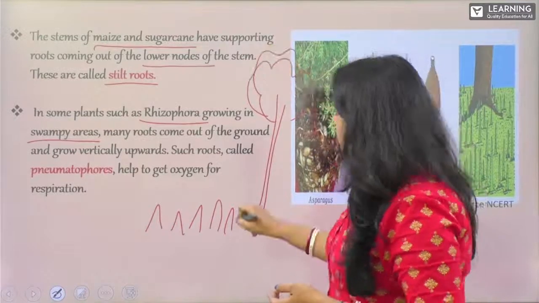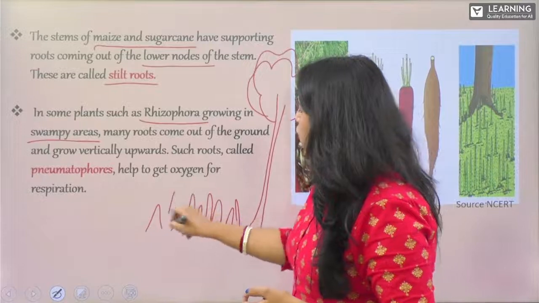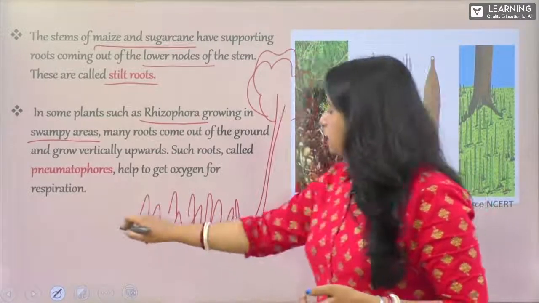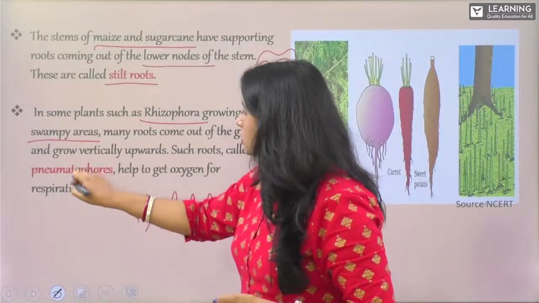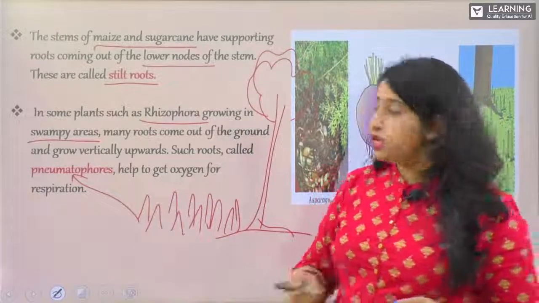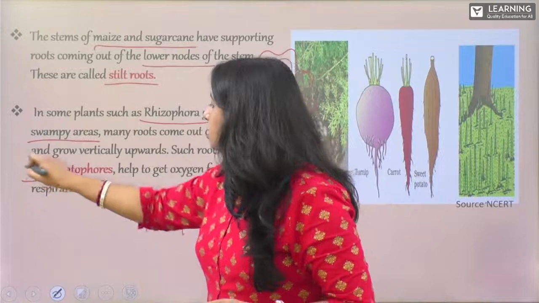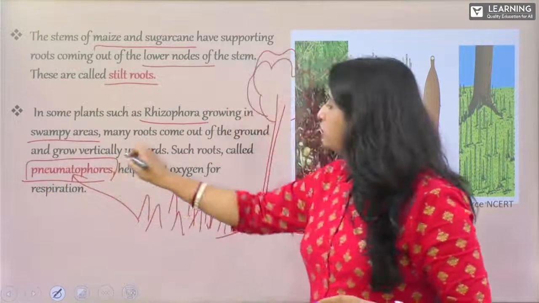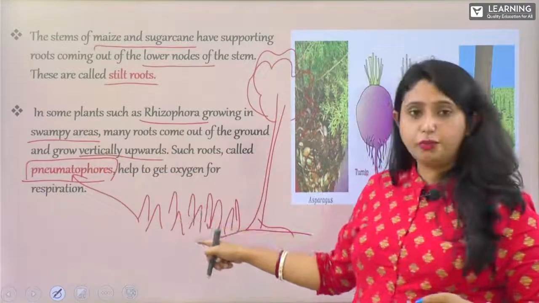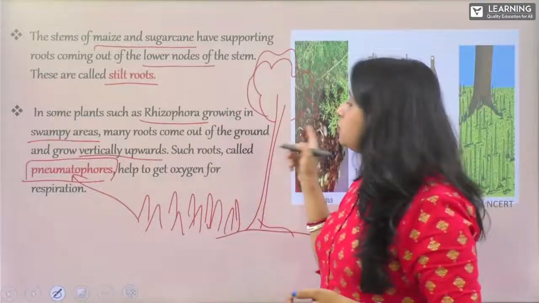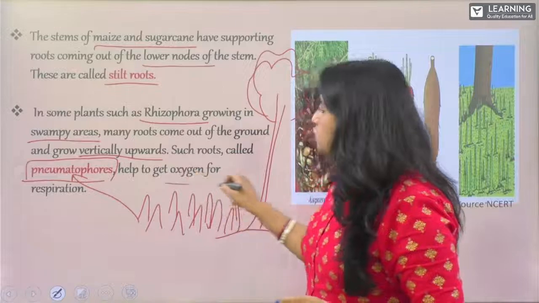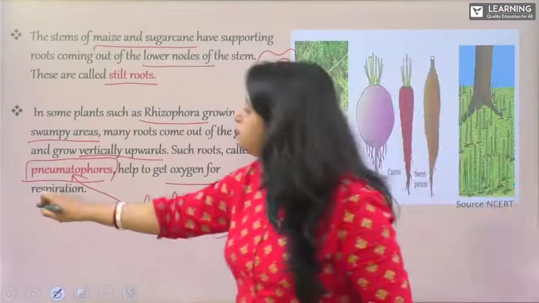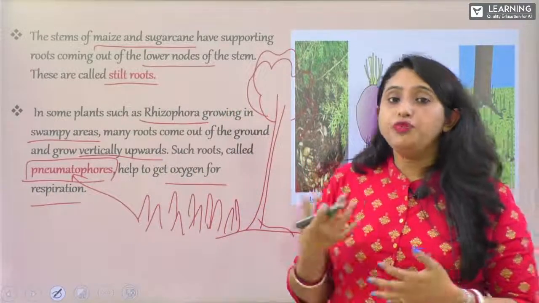Near the plant, there will be some roots coming out vertically upwards. These roots are called your pneumatophores. They grow vertically upwards, as you can see. Such roots are called pneumatophores, and they provide oxygen for respiration. They help the plants to respire.